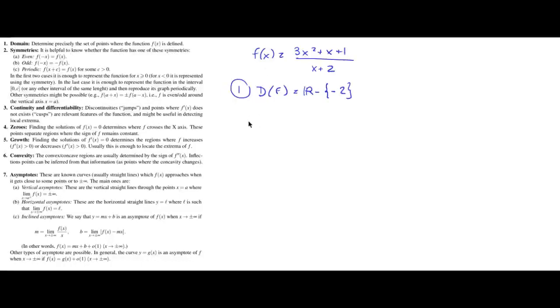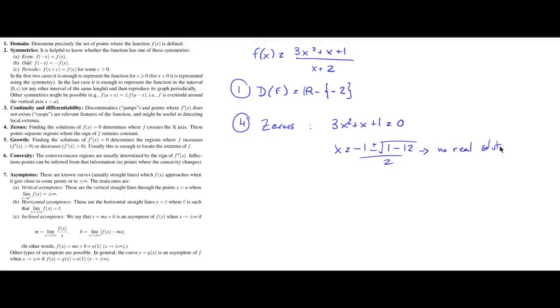Let's find the zeros first. The zeros are the points that make 3x squared plus x plus 1 equal 0. This discriminant is actually negative: it's 1 minus 12, so there are no real roots, no real solutions.